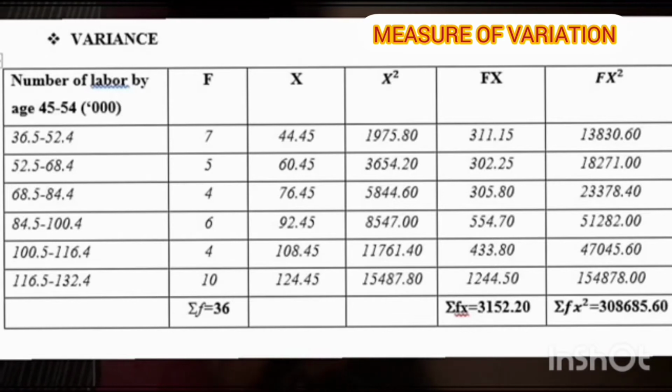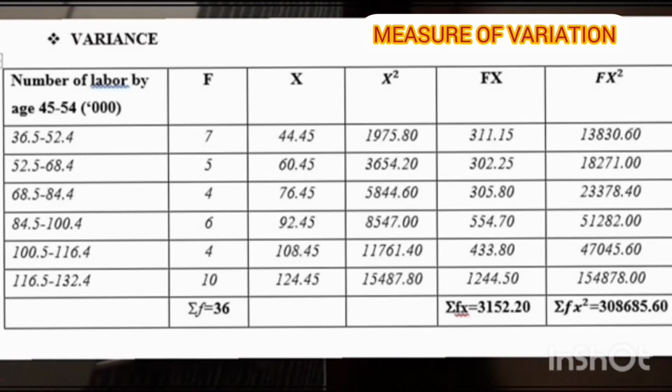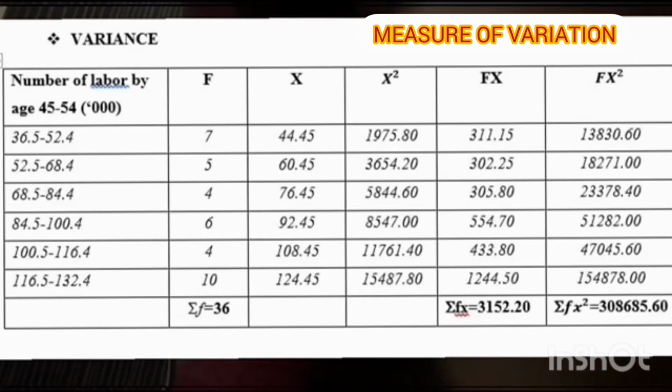The value of x squared, you can get 1975.80, and for the value of fx, 7 multiplied by 44.5, you can get the value.